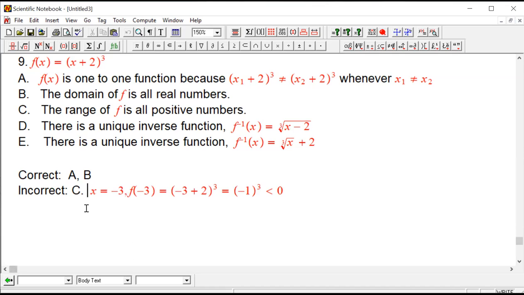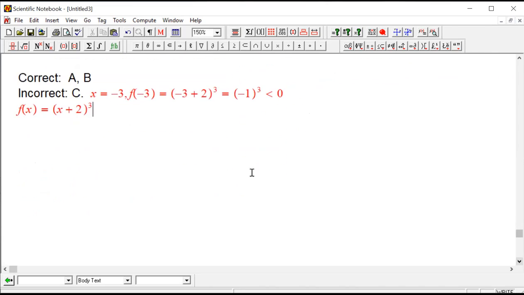Okay, let's see what else. D and E are about the inverse, right? So let's find the inverse. How do we find the inverse? The same old trick. You can graph to see if they're symmetrical about the green line, but here I'm just going to go straight to it. I have y here.